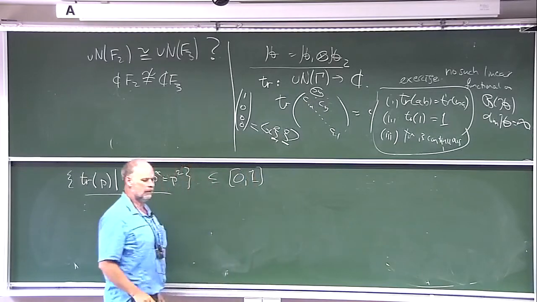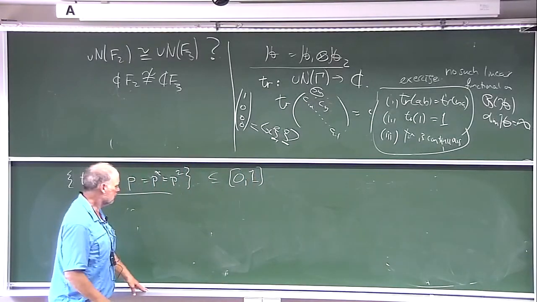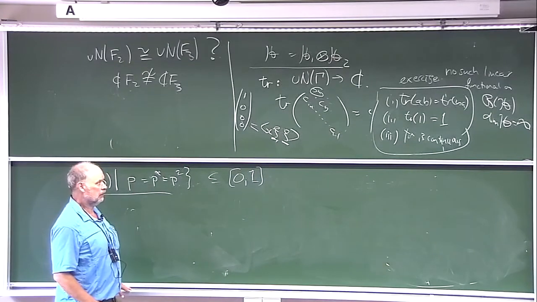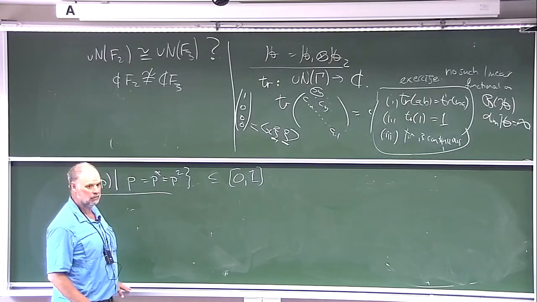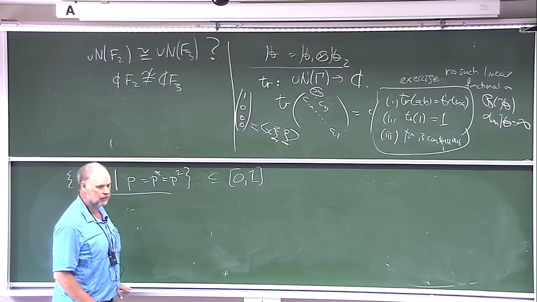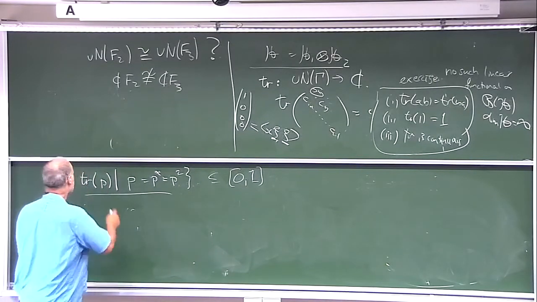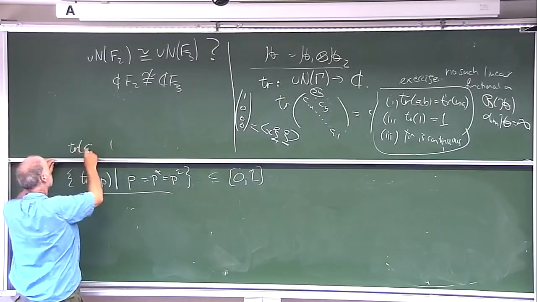[0, 1]. By the Cauchy-Schwarz inequality or something, if you have a projection, its trace must be less than or equal to 1. For some, perhaps not quite so obvious reason, maybe I should say that the trace is always positive.